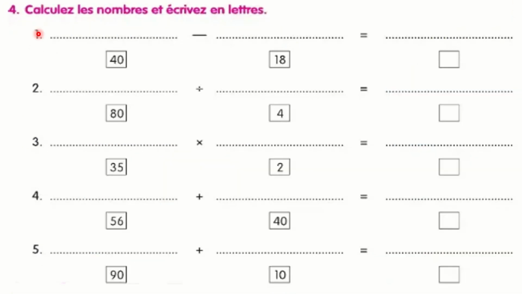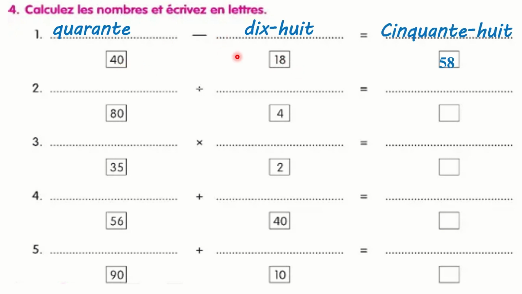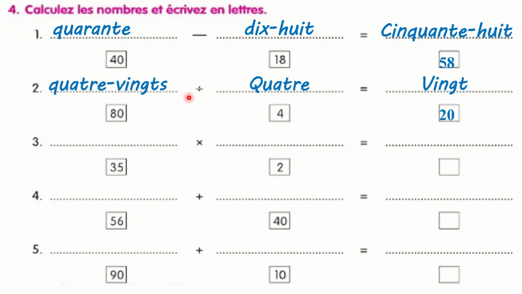Now here we are at question number 4, that is calculer les nombres et écrivez en lettres. That means calculate these numbers and write in letters. Firstly we have 40 minus 18, which is 40 moins 18 égale 58. Then we have 80 divided by 4, that would be 80 divisé par 4 égale 20.